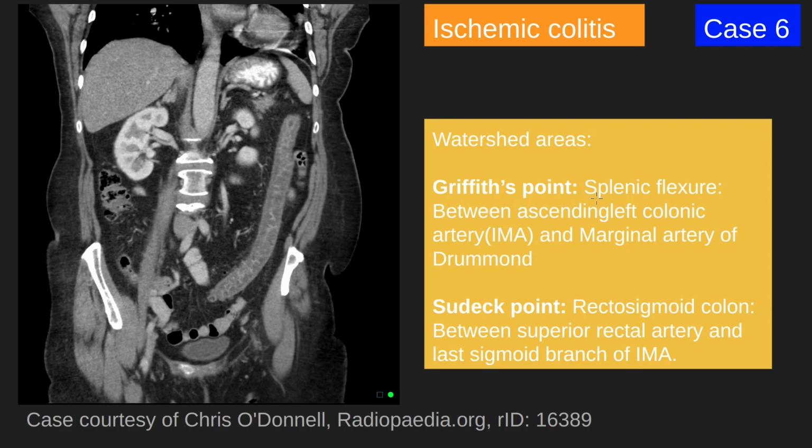The first one is the splenic flexure, that is between the ascending left colonic artery, an IMA branch, and the marginal artery of Drummond. The other is Sudeck's point, which is in the rectosigmoid colon, between the superior rectal artery and the last sigmoid branch of the IMA.